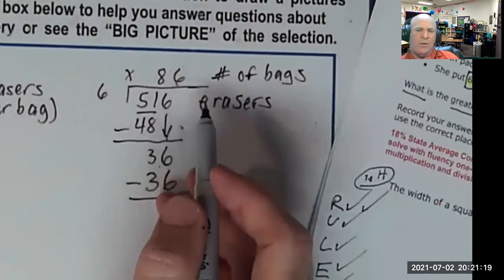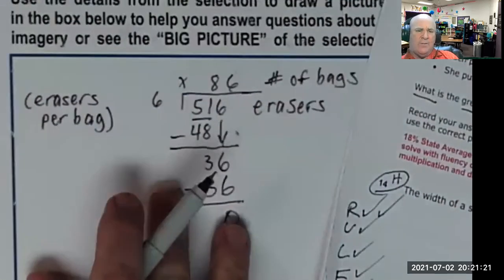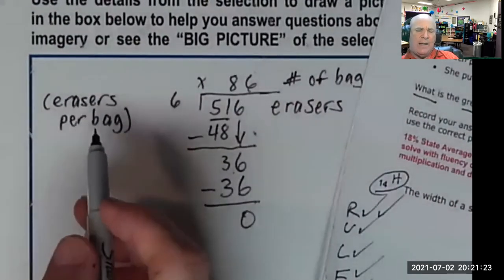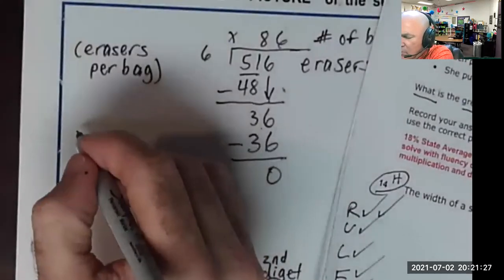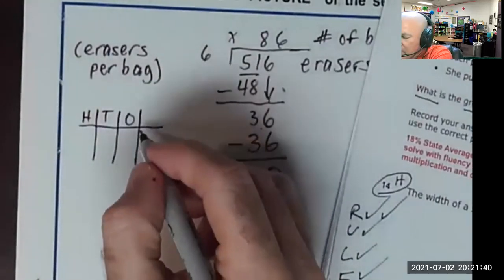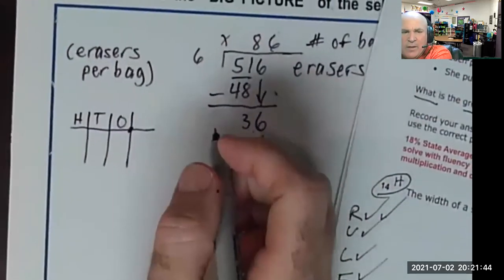516 was my total erasers. And erasers inside each bag was 6. So what your kids are probably going to have to do is practice writing out the hundreds, the tens, the ones, and then the decimal place to remember that that's always going to be there.